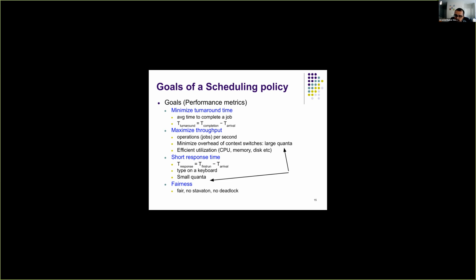That's what makes the system responsive, whereas that actually affects throughput, because we'll be switching more often. So we'll be doing more switching than actually using the CPU to do useful work. We might spend more time just switching rather than doing the actual work. So that could reduce the throughput. These are very conflicting goals.